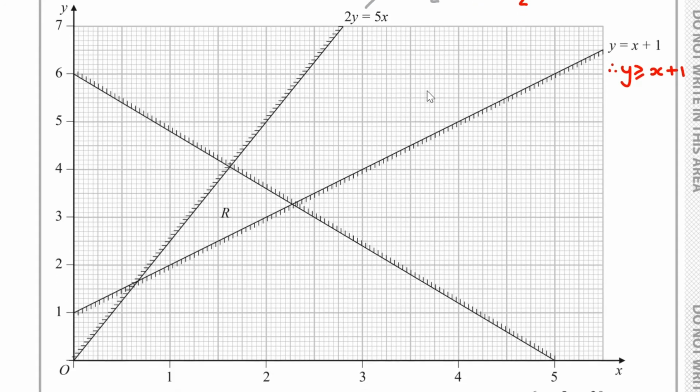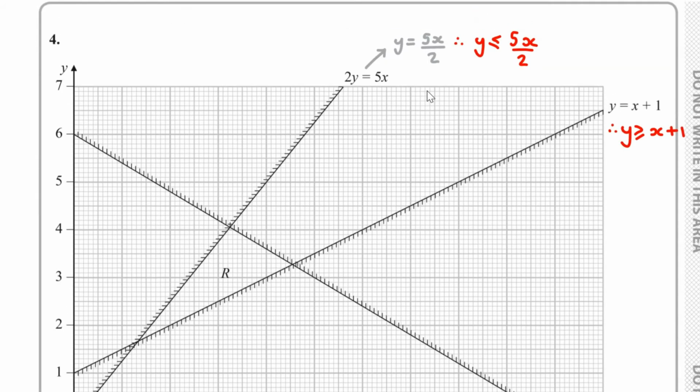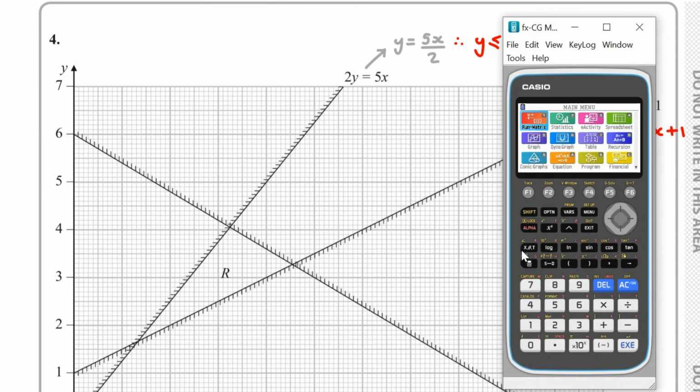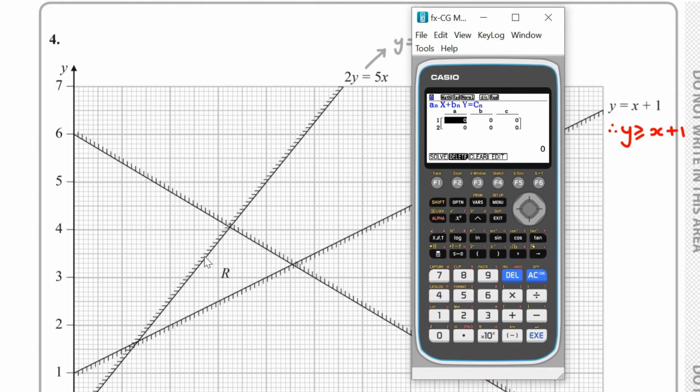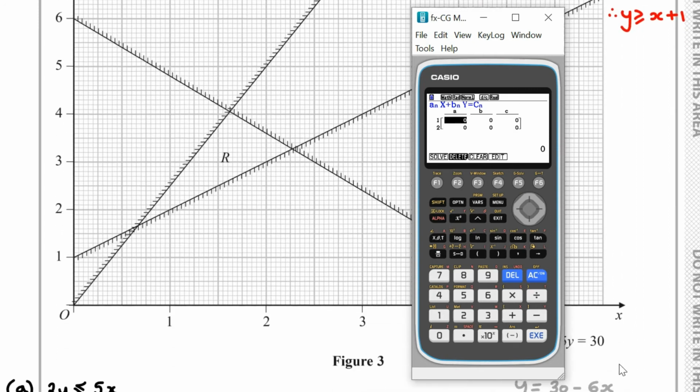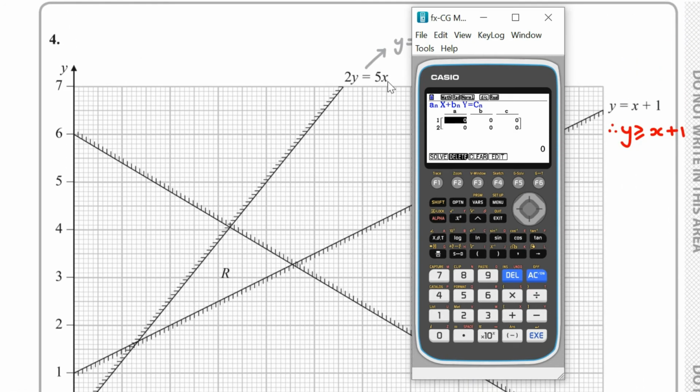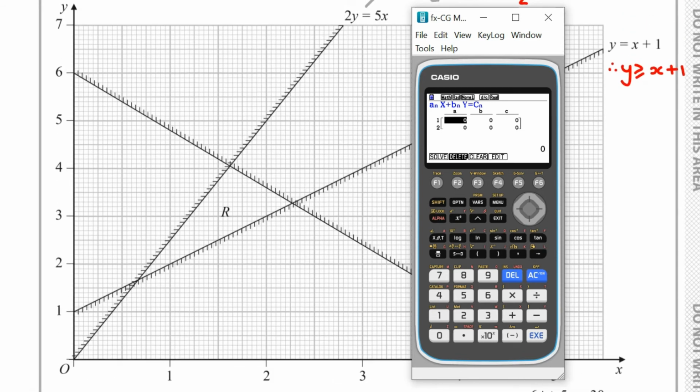So we need to solve some simultaneous equations. Now, if we go to our calculator, we have here simultaneous equations with 2 unknowns. So first of all, if we solve this line simultaneously with this line over here, then we are solving 2y equals 5x simultaneously with 6x plus 5y equals 30.